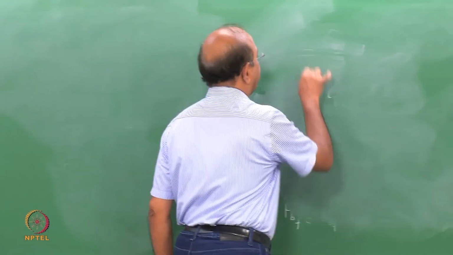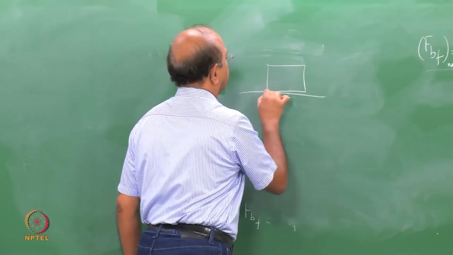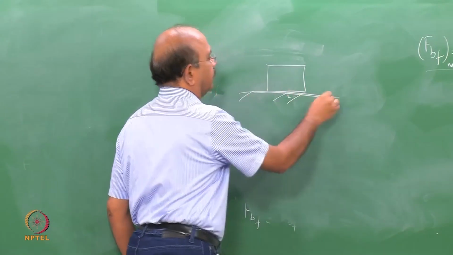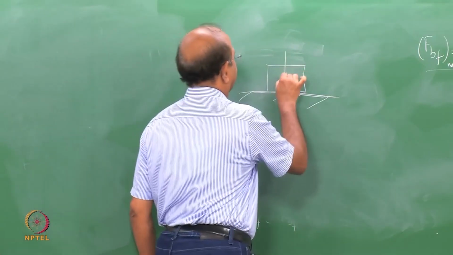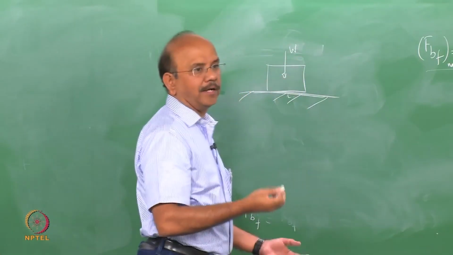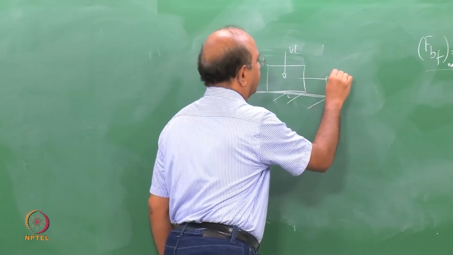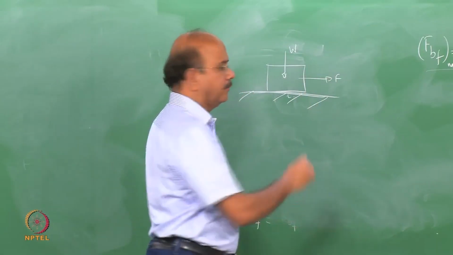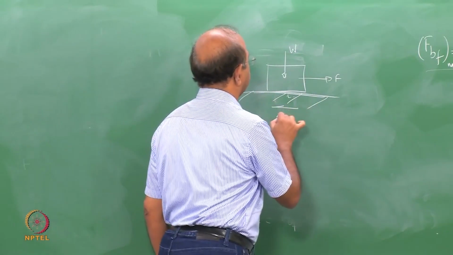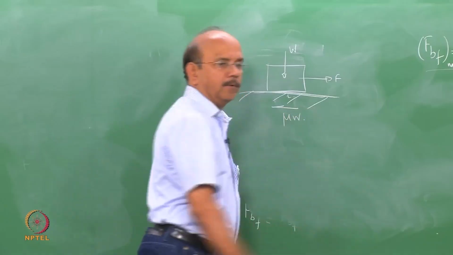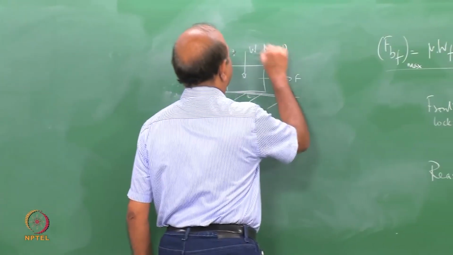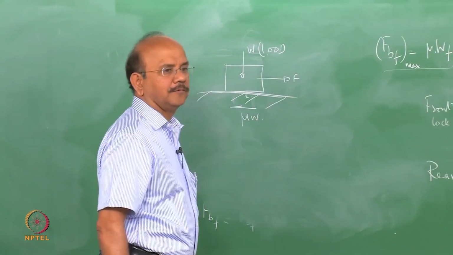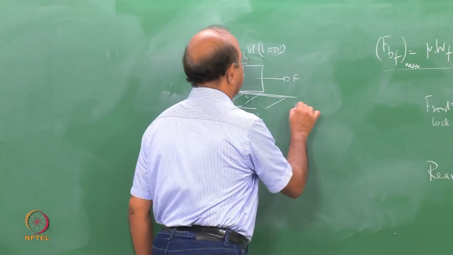It is very dangerous to draw, for example, for friction, to put this as W, as many books do, and then say that F is mu into W. Now let us say that this is 100, and mu is equal to 0.3.